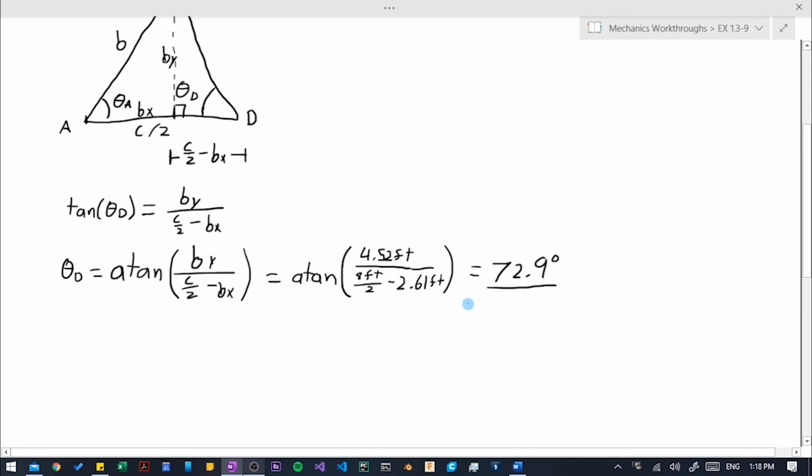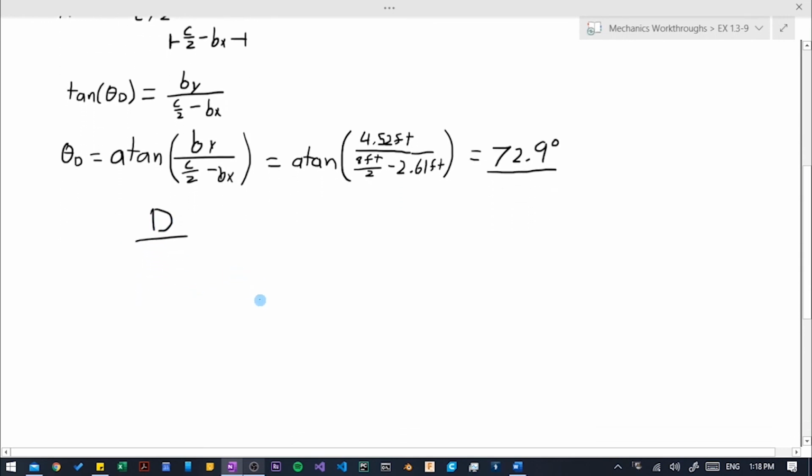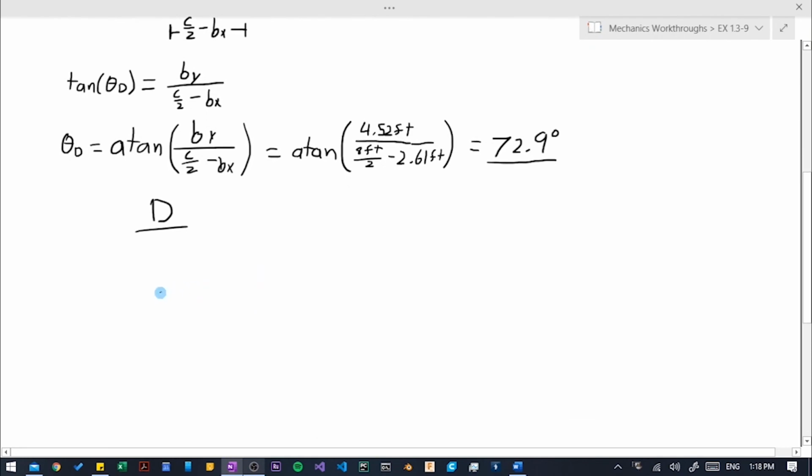All right, now let's do our free body diagram for point D, now that we have enough information. We could have also started with the free body diagram and found that we didn't have enough information. Then we'd go back and get the angle so that we could solve it. So D has a lot of forces.